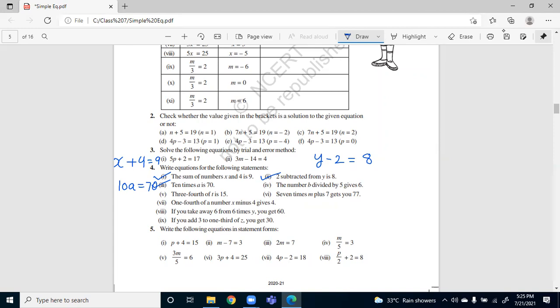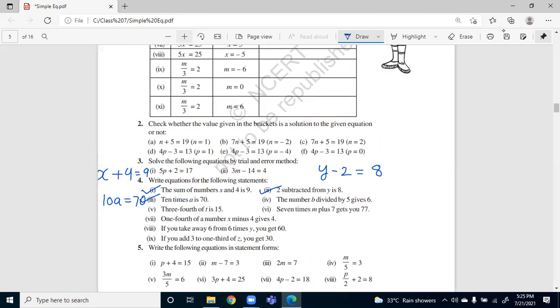Please read the question with me and see if you are understanding how I am doing it.